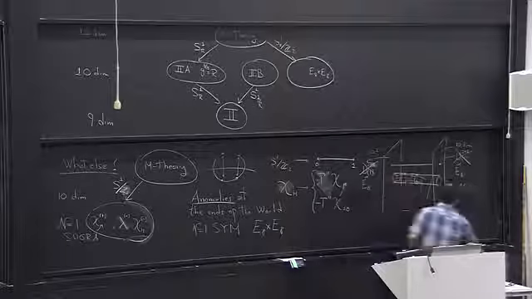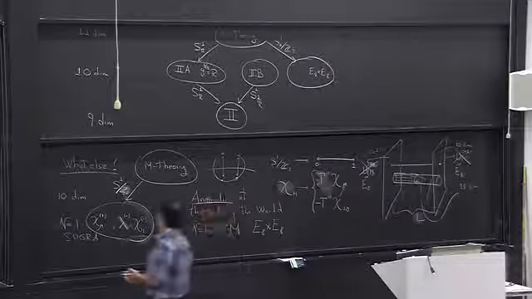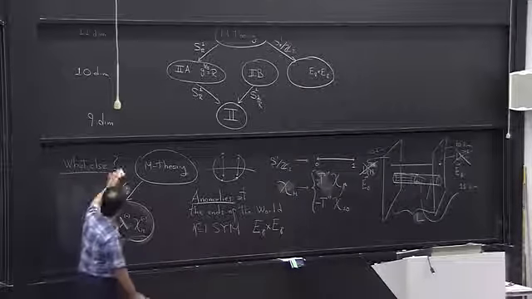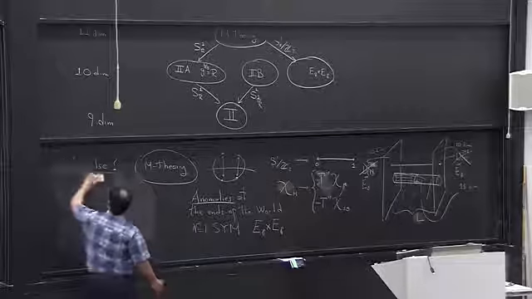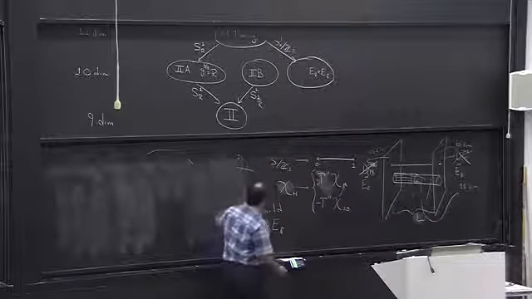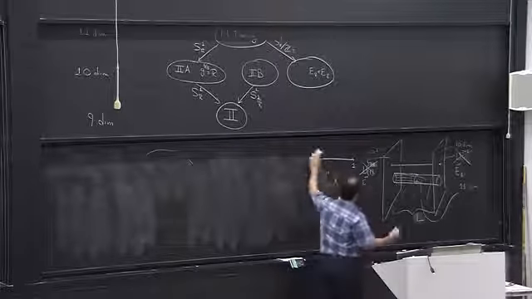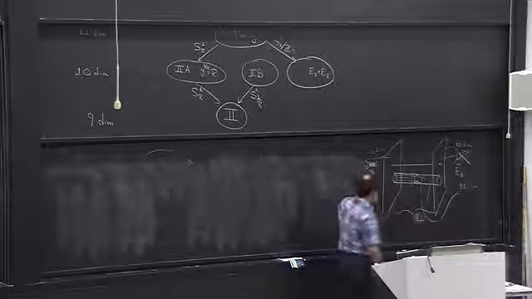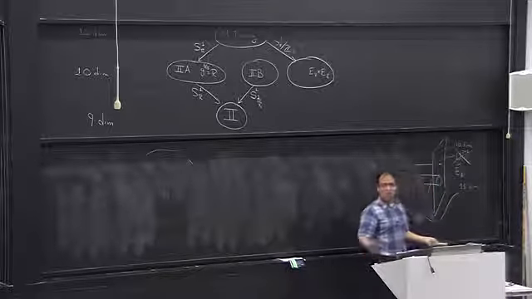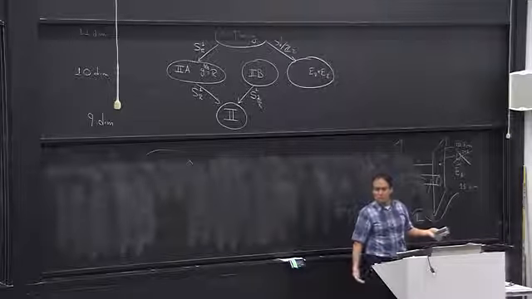Well, you probably have figured it out by now, right? What is it that we want to do? We want to get this N equals 1 supergravity in 10 dimensions. So definitely we cannot start with a type 2 theory in 10 dimensions, because that would have two supersymmetries. We cannot start with a closed bosonic string in 26 dimensions, because it has 0 supersymmetry.